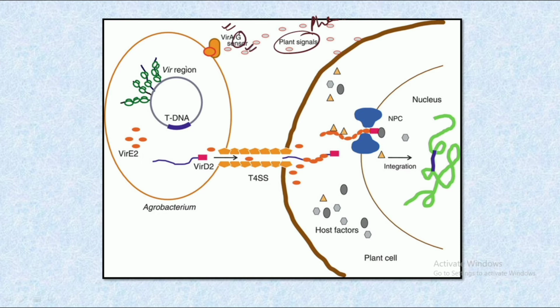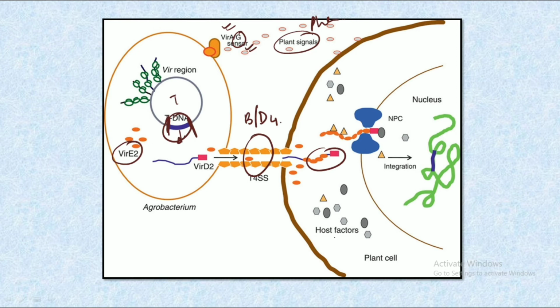Now the virulence genes get activated, and then VIRE2, a single stranded binding protein, and the Ti plasmid are cut down into the tDNA. Now, with the help of the various virulence genes that we have studied, there occurs the formation of the transport passage, by the help of VIRB and VIRD4. Now this tDNA enters the plant cell.